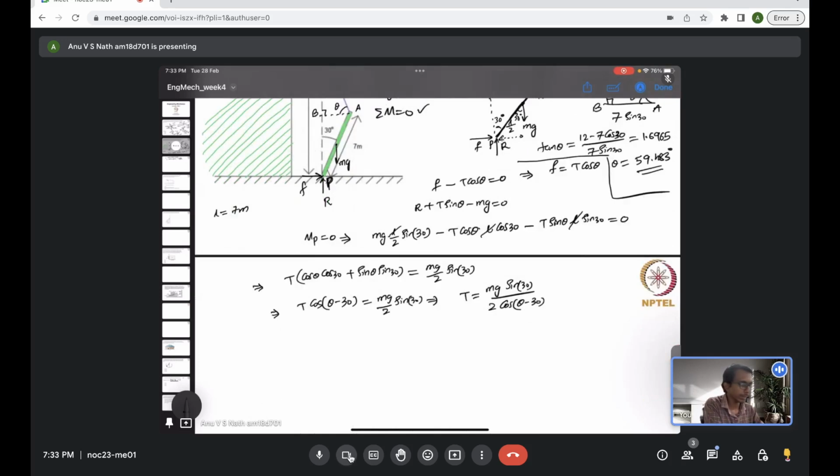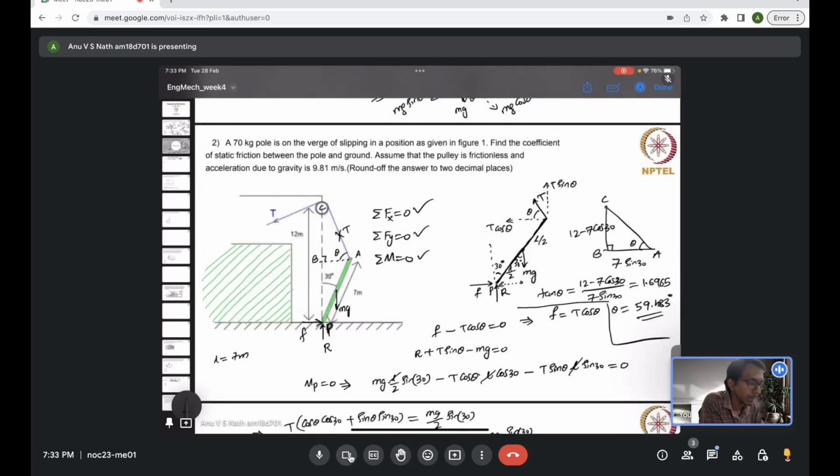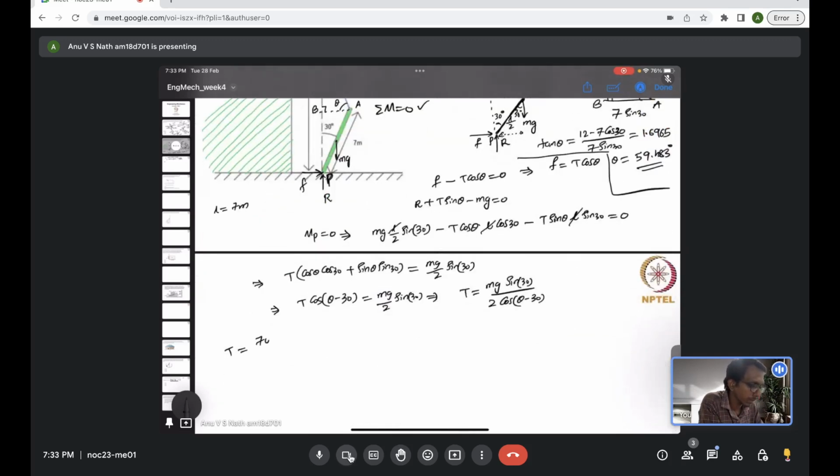So now we can use that here to evaluate the tension. So tension should be mg sine 30. So m is given, which is 70 kilogram. So it is 70 times g, which is 9.81, times sine 30, which is 1 by 2, the whole divided by 2, times cos of (theta minus 30). So theta was 59.483 minus 30.